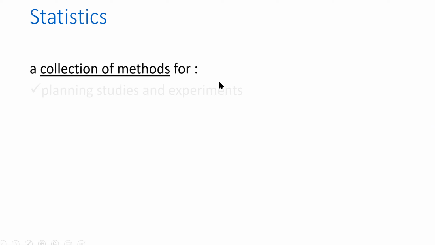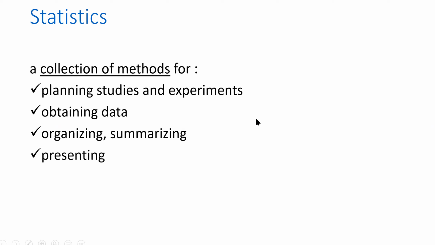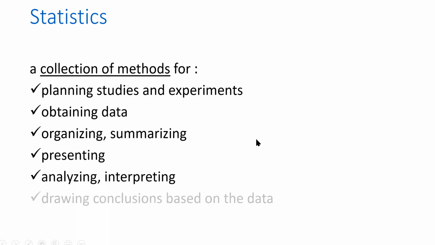So let's summarize a little bit. What is statistics? Statistics is a collection of methods for planning studies and experiments, obtaining data, obtaining information, organizing, summarizing, presenting the information, analyzing, interpreting, and drawing conclusions based on the data.